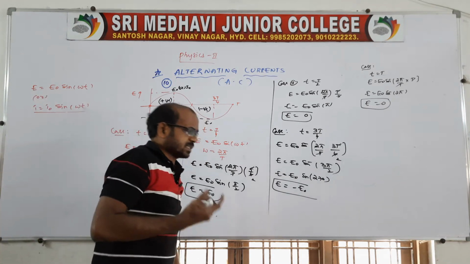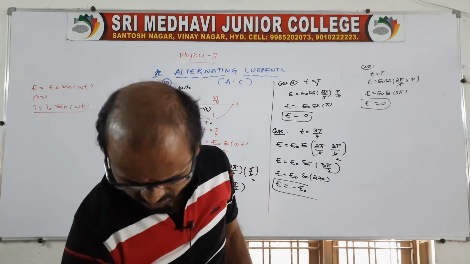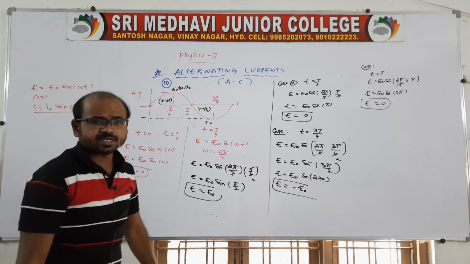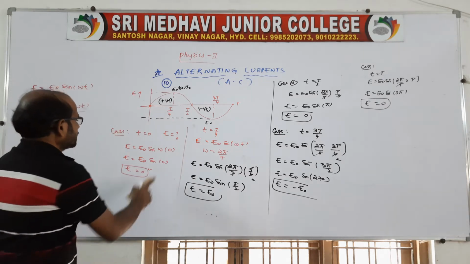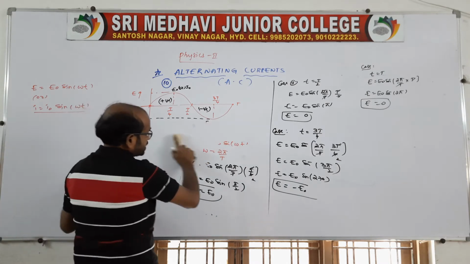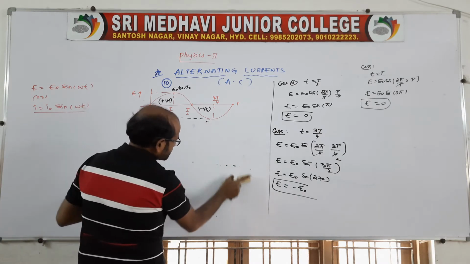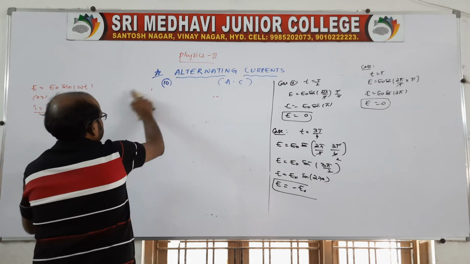Sir, we have other forms also, the value of I is equal to I naught cos omega t, or E is equal to E naught cos omega t. Yes, if I take it in terms of cos, the graph will be represented like this.